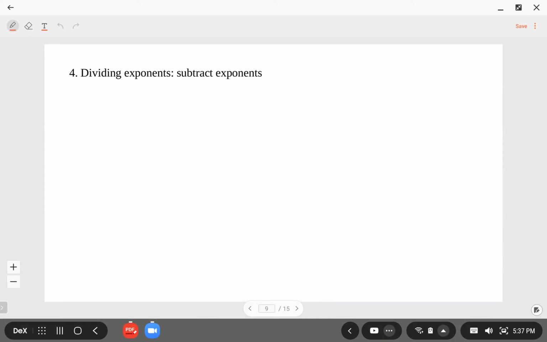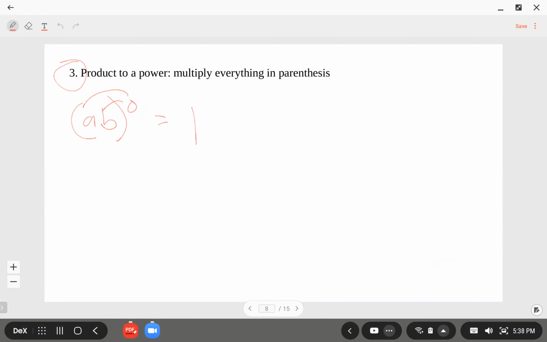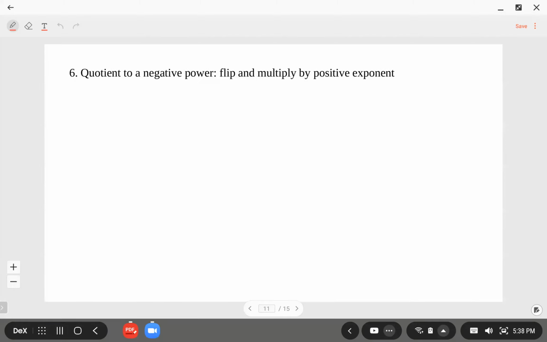So now let's go to dividing exponents. All of those, look at this, are about multiplying. Now let's go to the division properties of our exponents. We're missing those. So now, our 4th, 5th, and 6th properties are going to be about division.